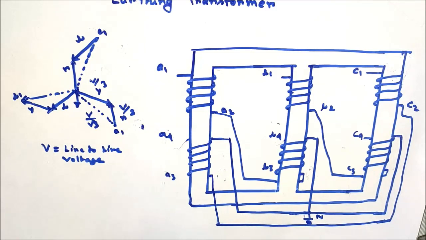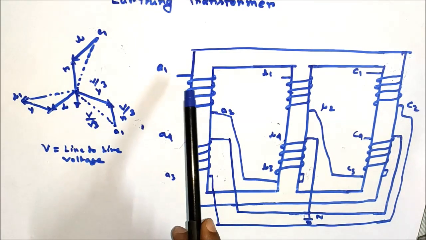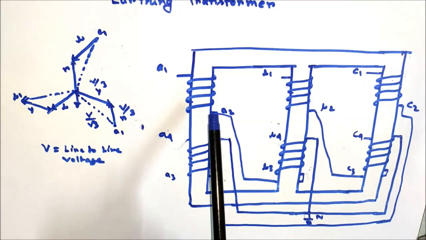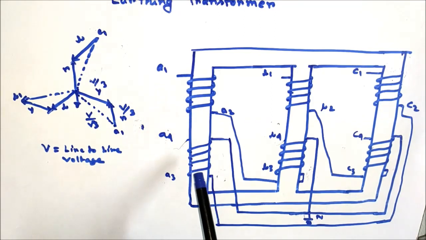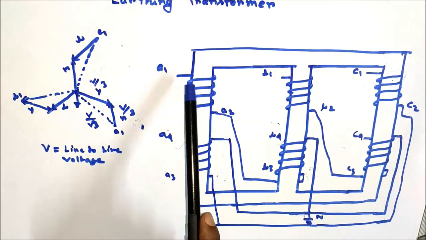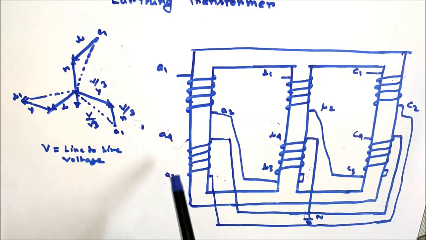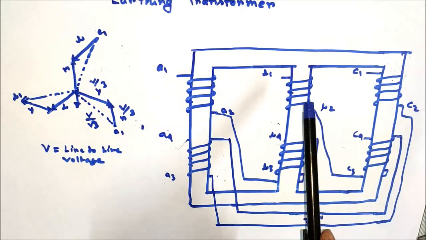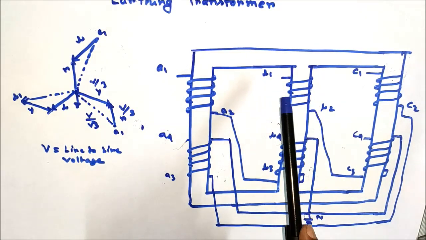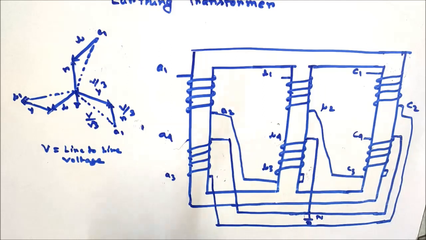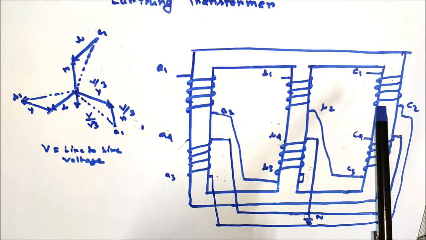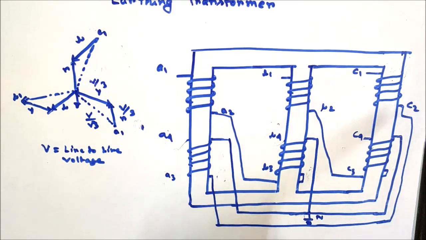The connection diagram for the earthing transformer has been shown. Here each winding is divided into two equal halves. The half portions of the red phase winding are A1, A2 and A3, A4. Similarly, the half portions of the yellow phase winding are B1, B2 and B3, B4, and of the blue phase winding are C1, C2 and C3, C4.